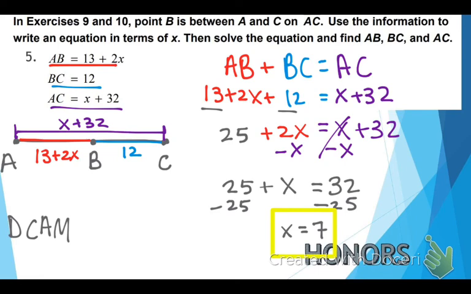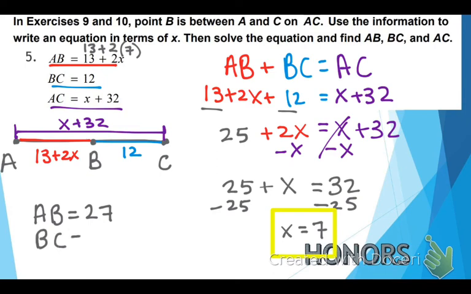Okay. So what do we do with x in order to find the length of stuff? Plug it in. So for AB, 13 plus 2 times 7. What's 2 times 7? 14 plus 13 is 27.